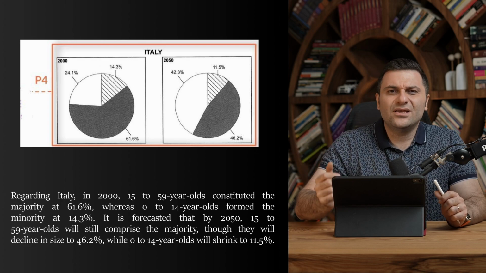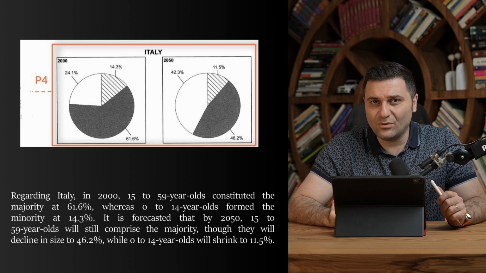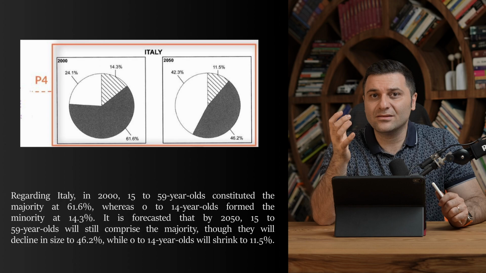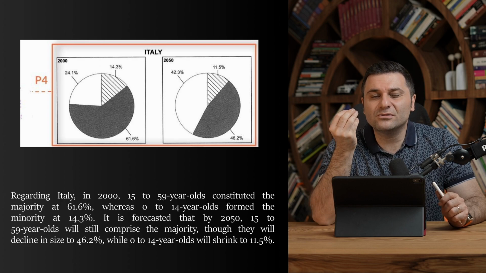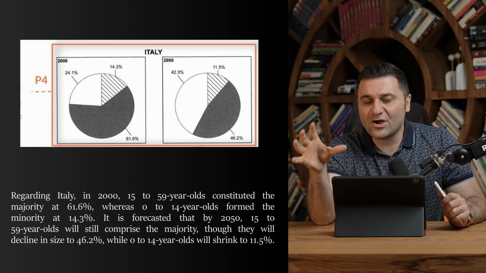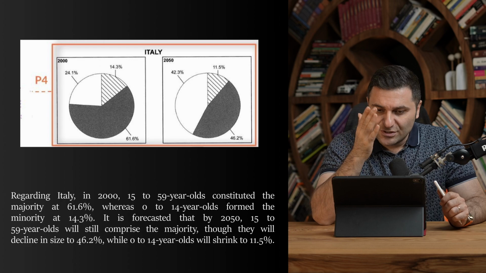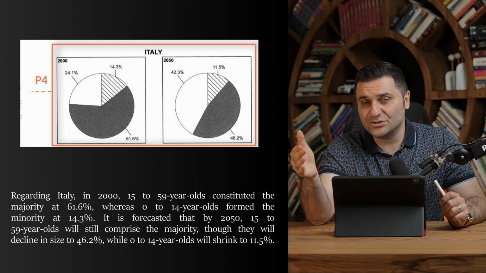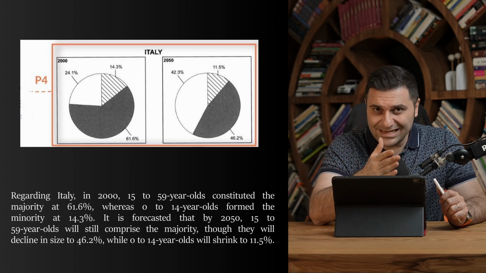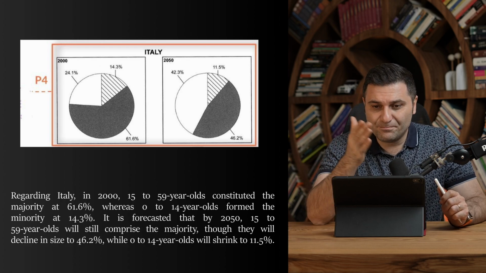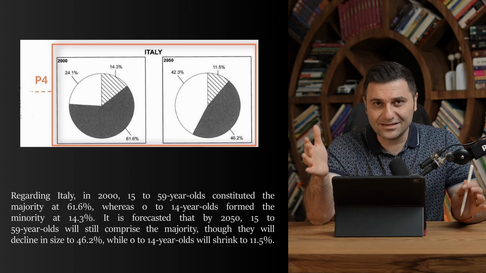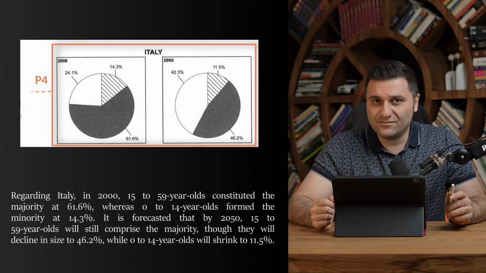Why? Because it is not necessary to talk about all the details here. You should talk about the most notable change in both time periods. The most in 1990 and the most in 2000 and the most in 2050. The least, the biggest change, if that was increase or decrease. That is specific data and information.